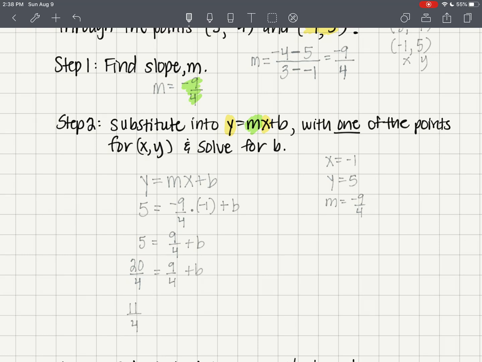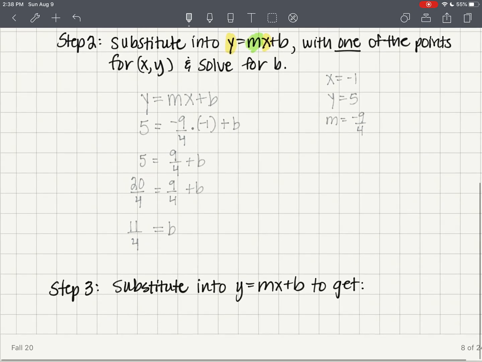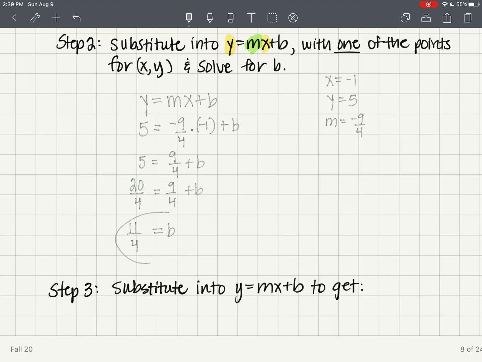So that's going to give me 11/4 equals b. And now we can sub that value in for b. We know that m is negative 9/4, and we get y equals negative 9/4 x plus 11/4.